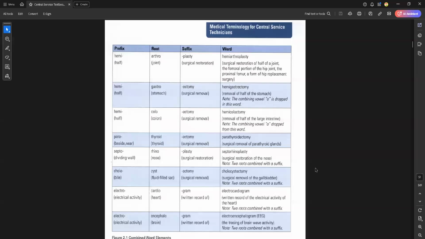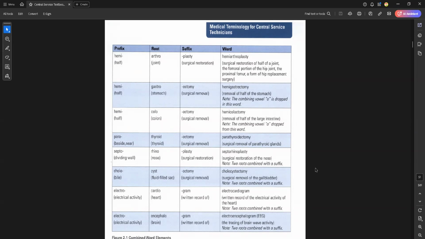Now, these are some examples. Here, we have prefix, root, suffix, and then we have the word element. Now, the first one we have is hemi. Hemi means half. Arthro is joint. When you go and see your doctor and you have, let's say, bone issues, they'll tell you to go and see the orthopedic doctor.